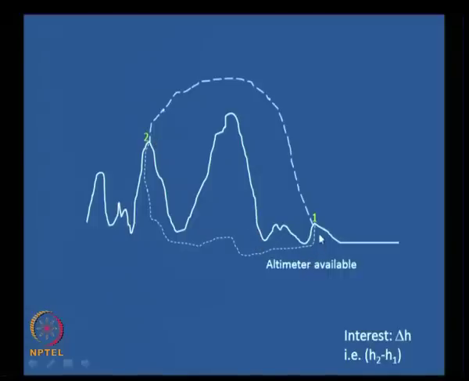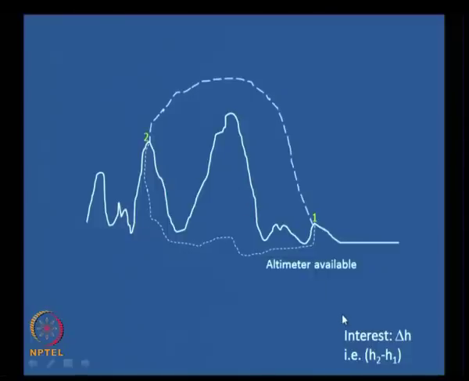But let us say only in this particular way, shown by this dotted line here, we have an altimeter that is available to us. Let us say that there is an altimeter shop right at the beginning of that path. Let us assume, not very realistic, that the altimeter is not available in any of the other paths.